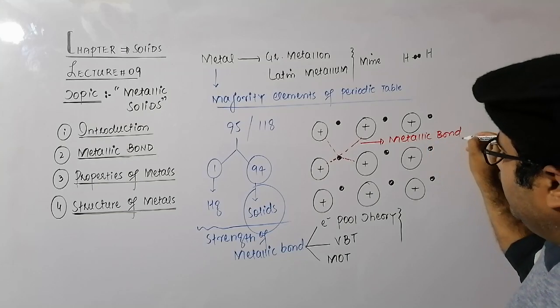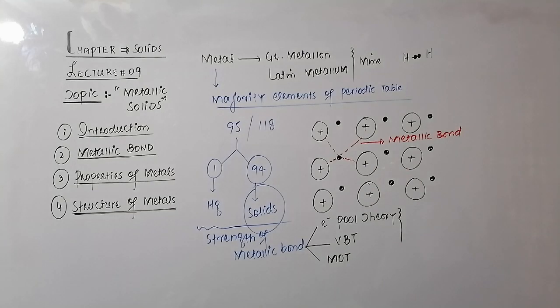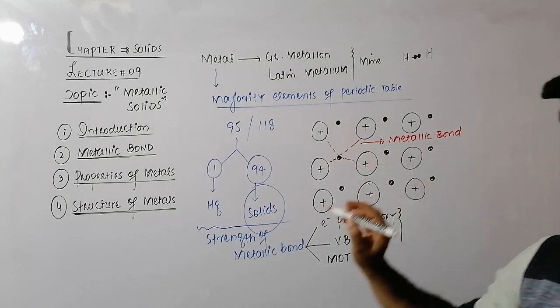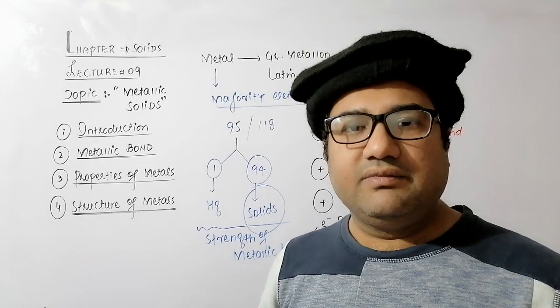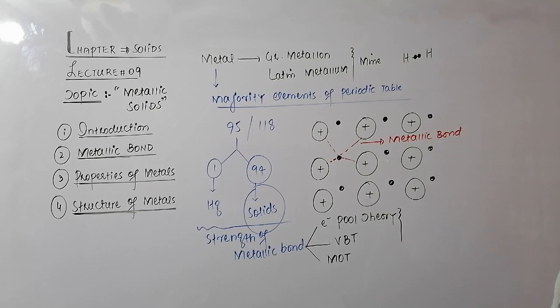You can see that the metallic bond is also a non-directional bond. It has multiple directions and in all directions its strength is the same. So it is just like the ionic bond, a non-directional bond.